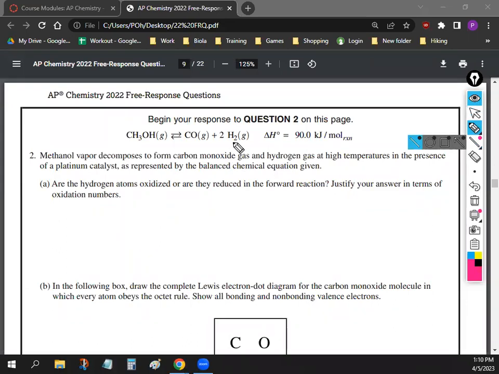Okay, so for this, super easy. The product side is the easiest. H2 is in its natural state, so the oxidation number is 0 here. And so we just need to figure out what the oxidation number for hydrogen is on the left side. You should see that you have a polyatomic, hydroxide, and we know that oxygen is -2 in terms of oxidation numbers. So that means hydrogen has to be +1. So it goes from +1 to 0.